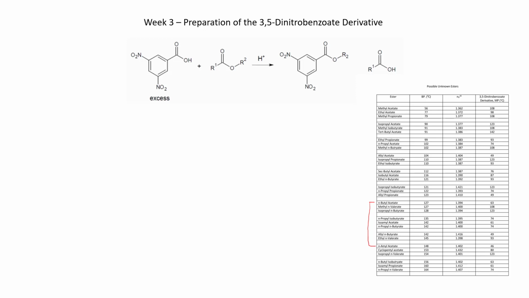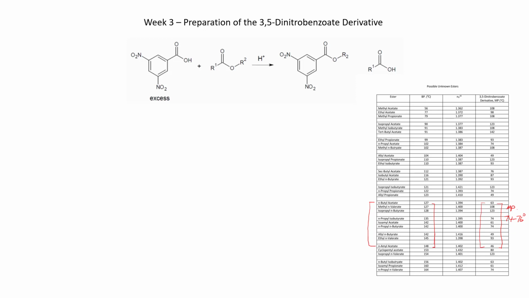So once we have our range from our boiling point measurement, what we could do is compare the melting point if we took each one of those esters and converted it to the 3,5-dinitrobenzoate derivative. So let's say we had a measurement of 74 to 76 degrees for our melting point.